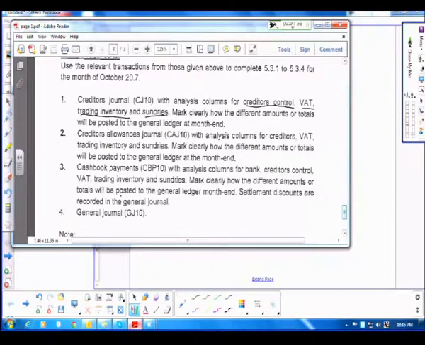For the creditors allowances journal, it's creditors, VAT, trading inventory, and sundries. For your cash book, it's bank, creditors control, VAT, trading inventory, and sundries. And then you've got a general journal here. So let's start with our creditors journal and creditors allowances journal and see how they are processed.